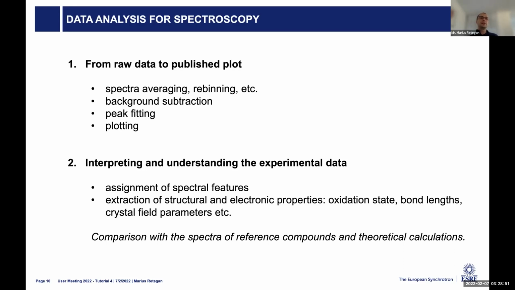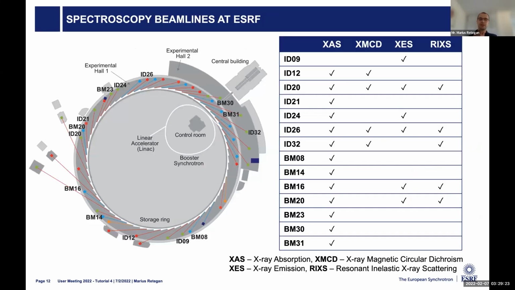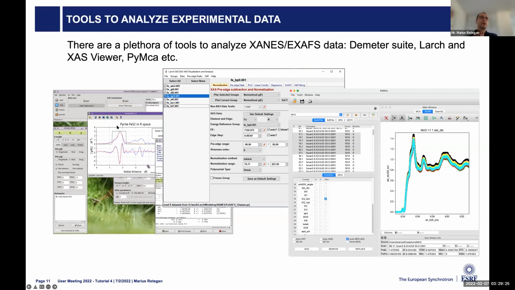This has mostly to do with assignment of spectral features and trying to extract information from the spectra, like oxidation states, structural parameters, and crystal field parameters. This is done by comparison with reference compounds, but it can also be done with theoretical calculations.